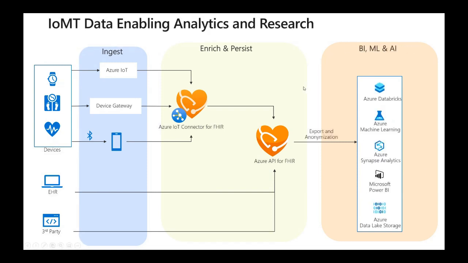Similarly, if you wanted to do analytics, once it's in the Azure API for FHIR, we support export and anonymization, and then you can take it into various Azure services from there. With that, I'm going to hand it over to Nate to go into the demo.